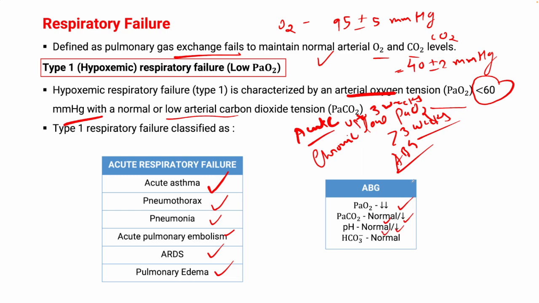You should first know the normal pH, which is 7.4. And HCO3, that is bicarbonate ion, the normal is 24 plus or minus 2 millimole per liter. It can be normal in acute respiratory failure. So this was about the acute reasons.